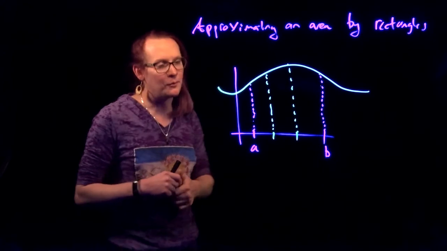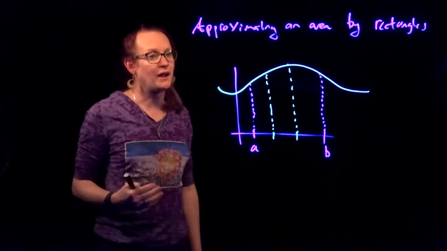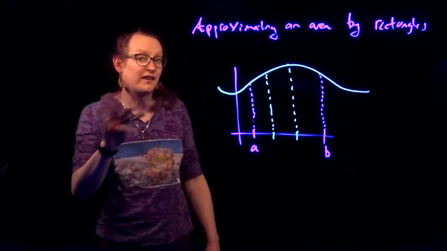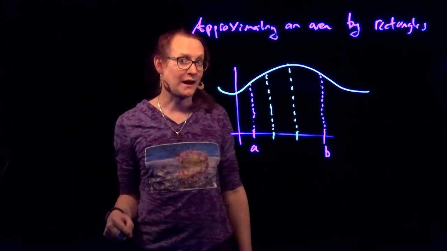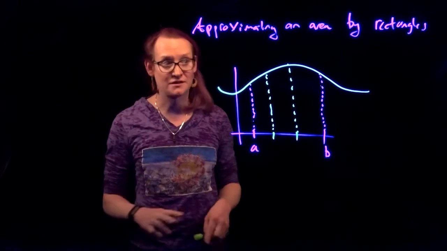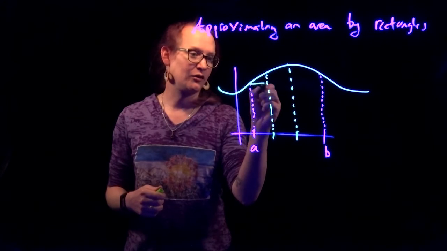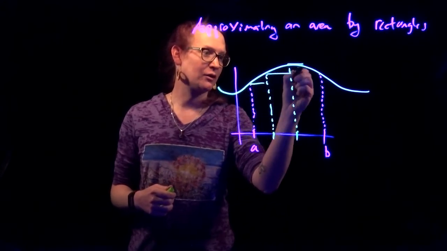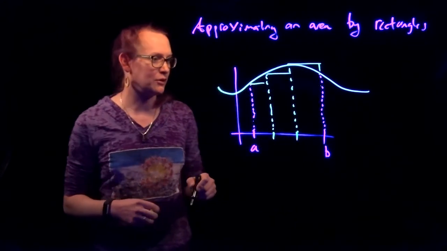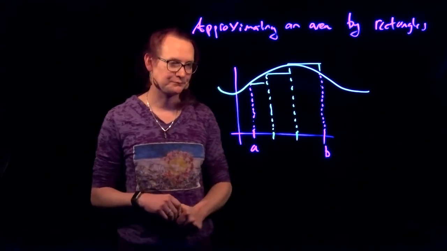And now we should come up with a rule for how we determine the height of our rectangles. Now, I didn't tell you, but on that first rectangle that I drew, I used the left endpoints to generate the heights of my rectangles. So let's do that. Let's draw my rectangles so that the left endpoint of my rectangle determines its height.